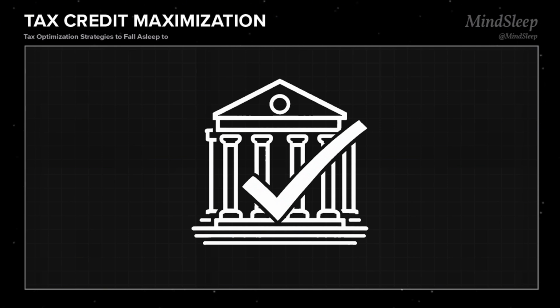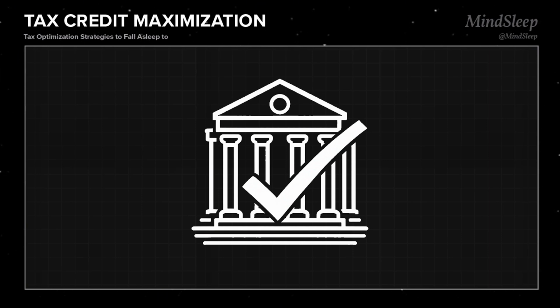It's crucial to note that while credit maximization can lead to substantial tax savings, it must be approached with caution and expertise. The IRS scrutinizes credit claims closely, and improper claims can lead to audits, penalties, and interest charges.